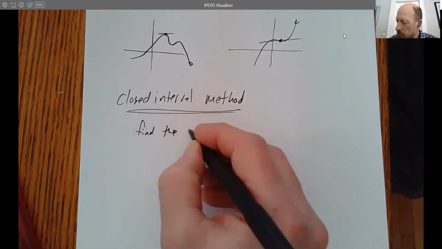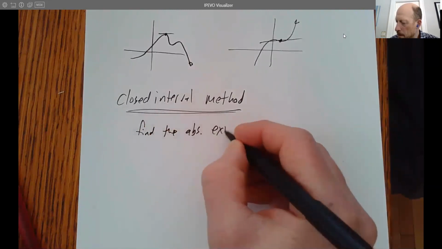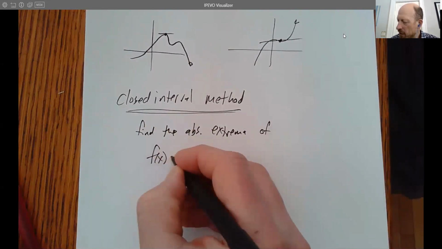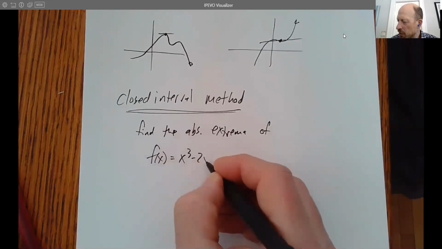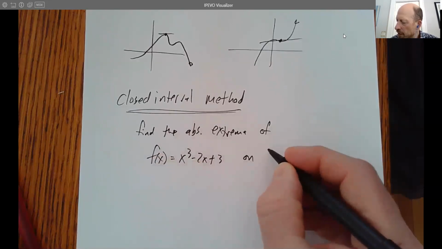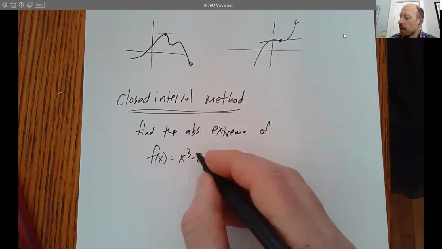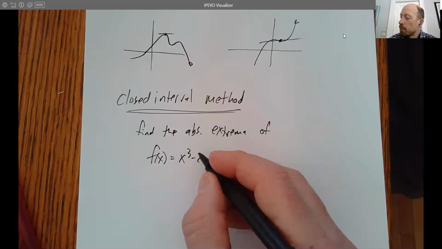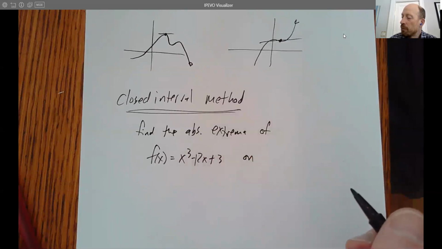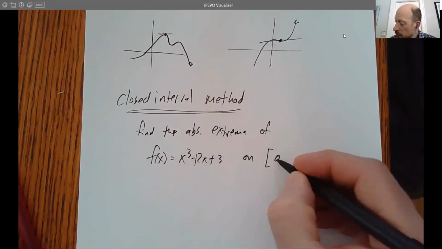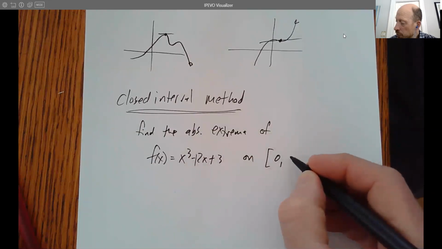Find the absolute extrema of f of x equals x cubed minus 12x plus 3 on the interval 0 to 3.